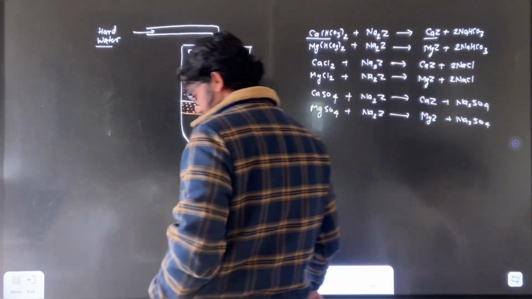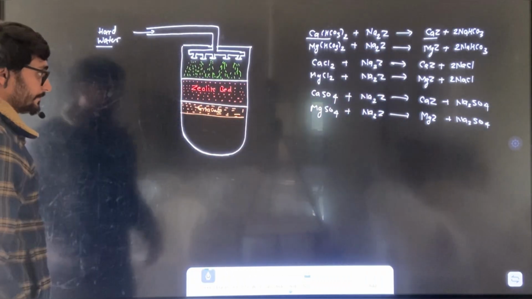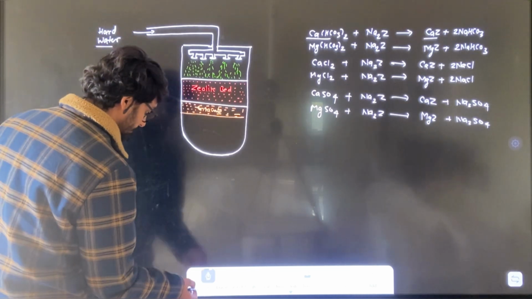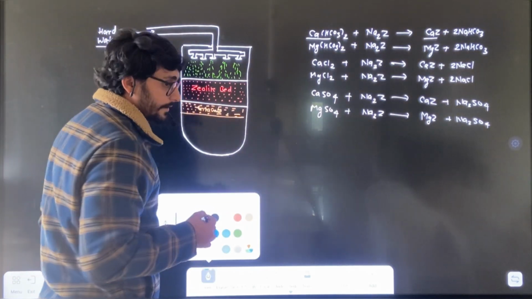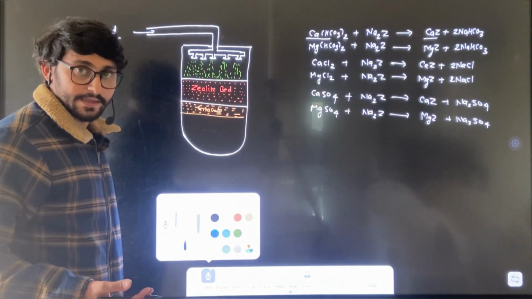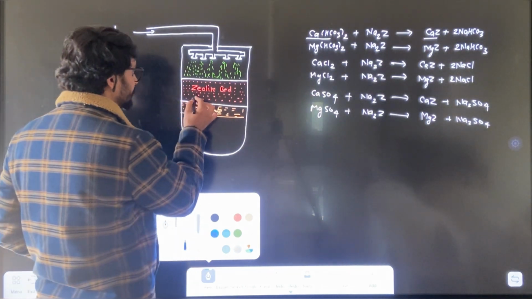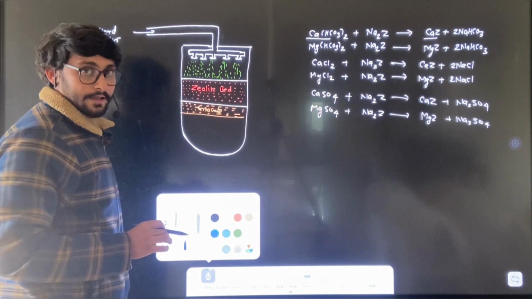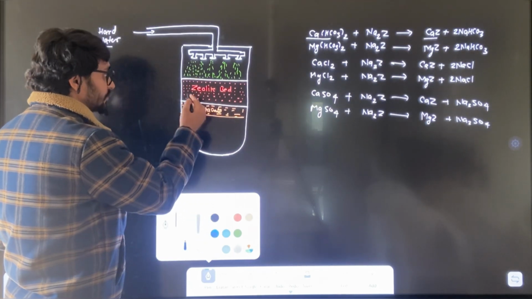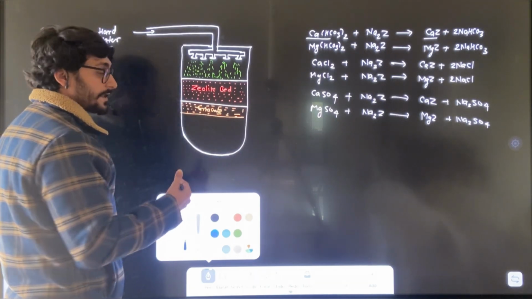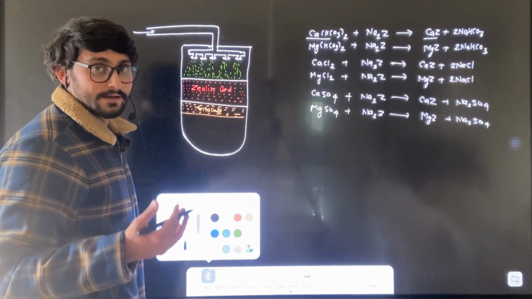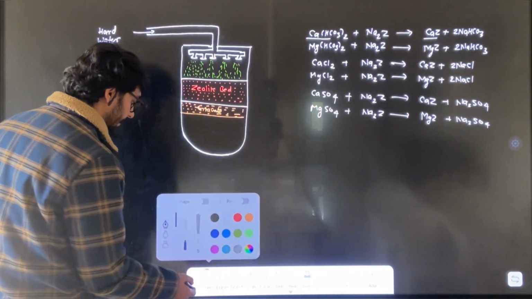All right. But after some time, this zeolite bed stops working because of the blocking of the zeolite bed, right? After some time the zeolite bed becomes blocked. To remove the blocking, we need a solution like sodium chloride.